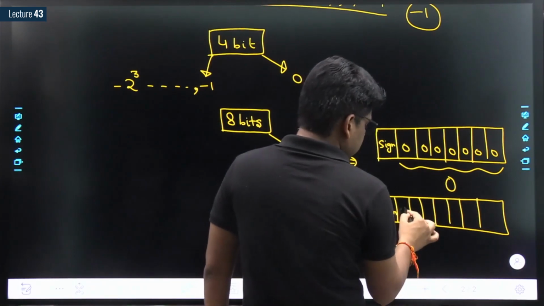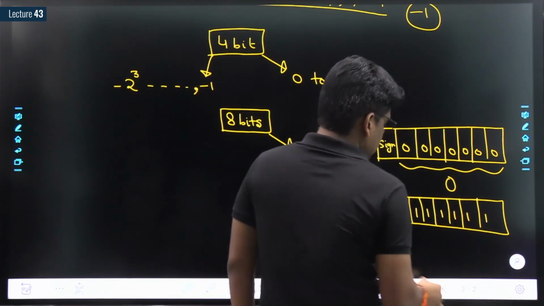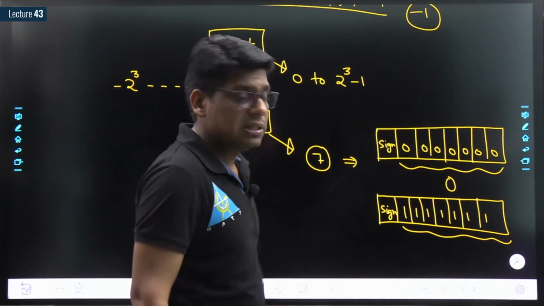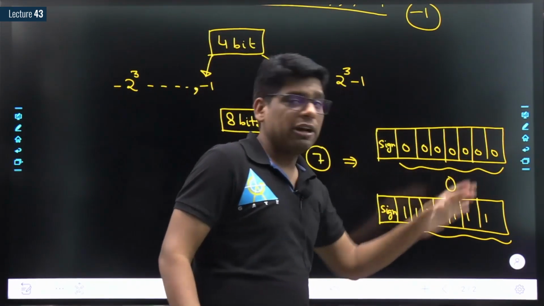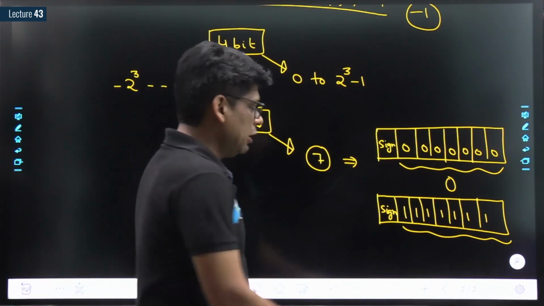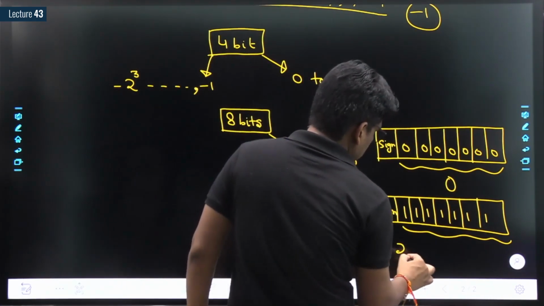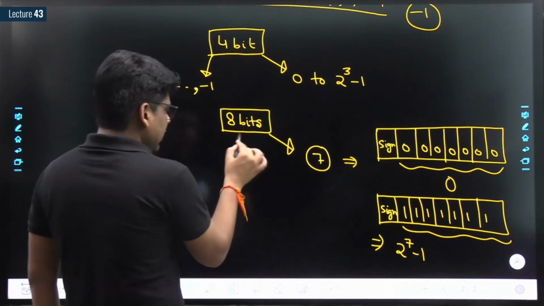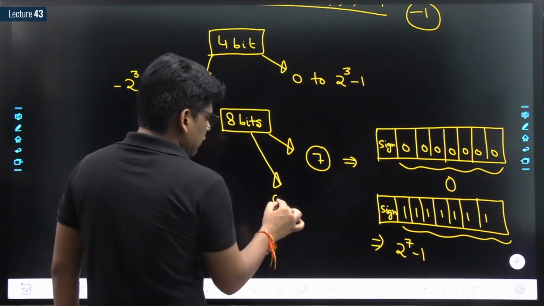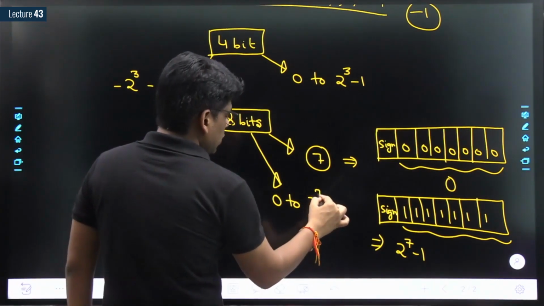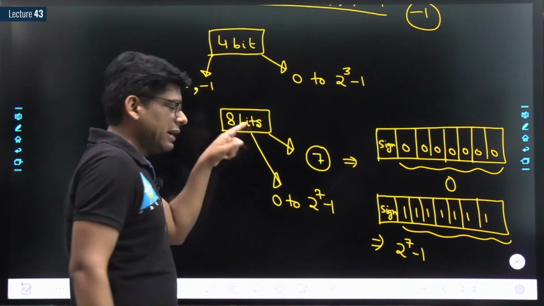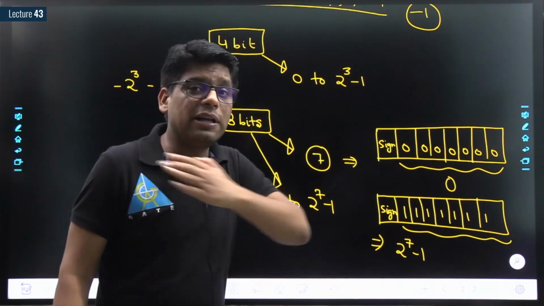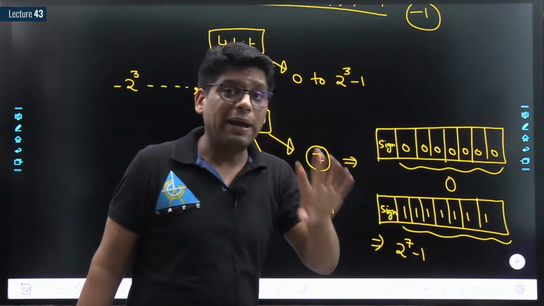Out of these 7 bits, the maximum value is when all the bits are 1. Contiguous 7 ones. We have already computed it: 2 to the power 7 minus 1. So for 8 bits, positive values start from 0 and go till 2 to the power 7 minus 1. Why? Because the maximum value occurs only when all the bits except the sign bit are 1. That means n minus 1 bits.